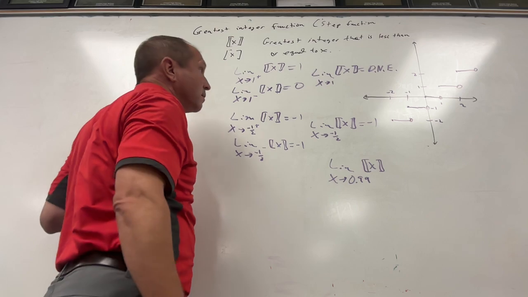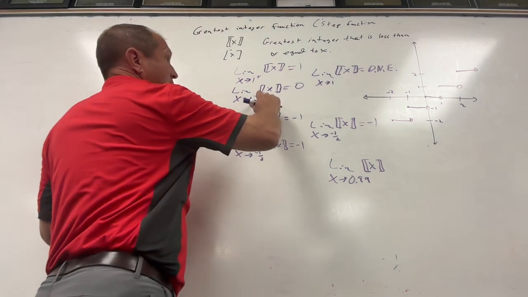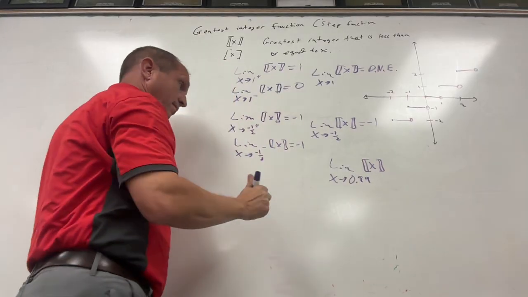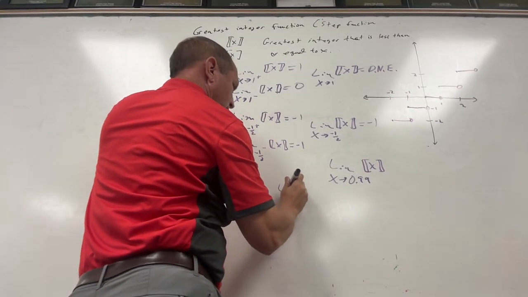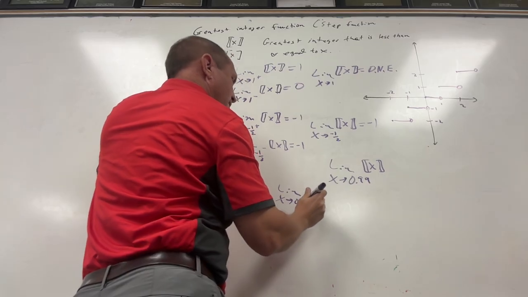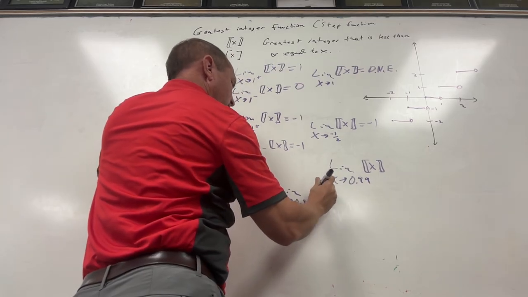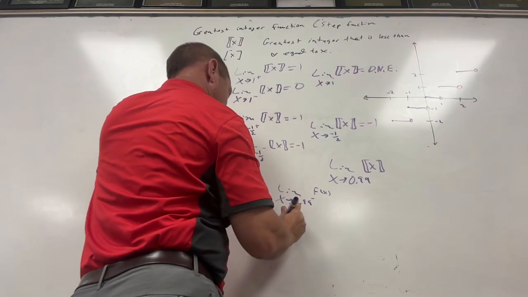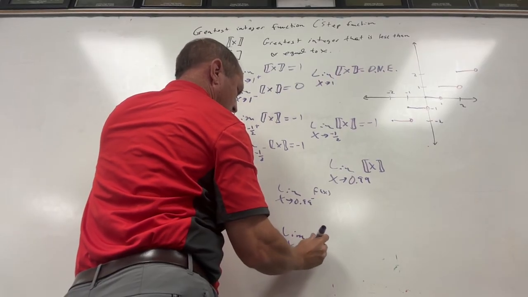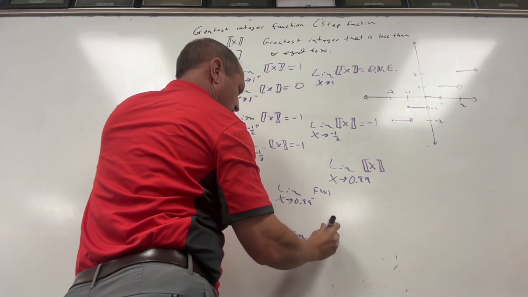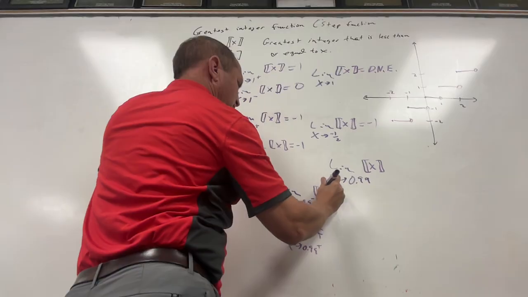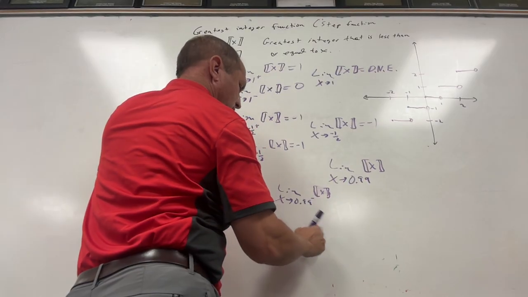If the left-hand limit does not equal the right-hand limit, then the limit does not exist. So let's talk about the limit as x approaches 0.99 from the left, and then from the right. And f of x is the greatest integer function.